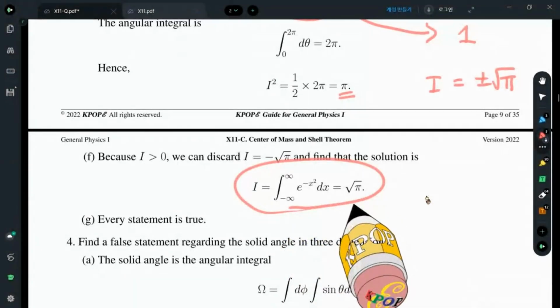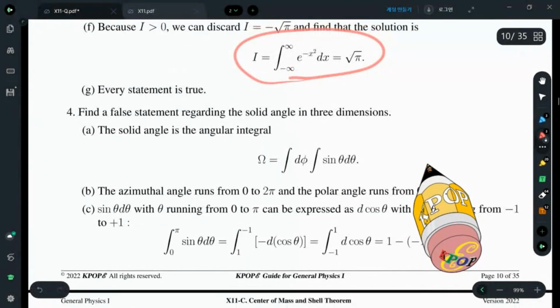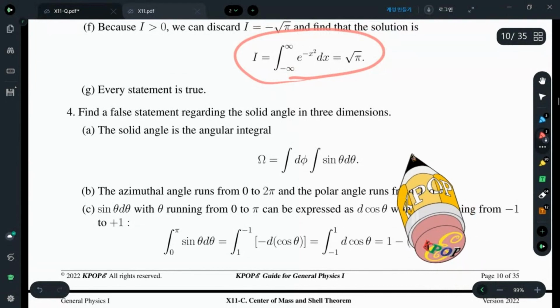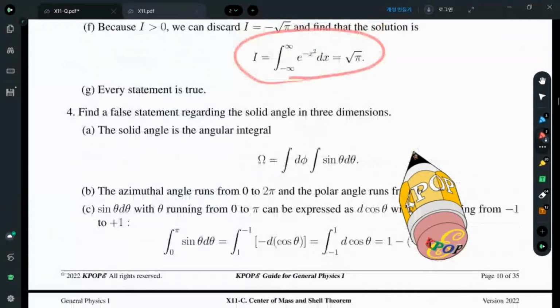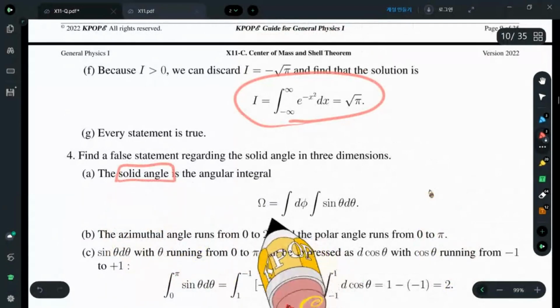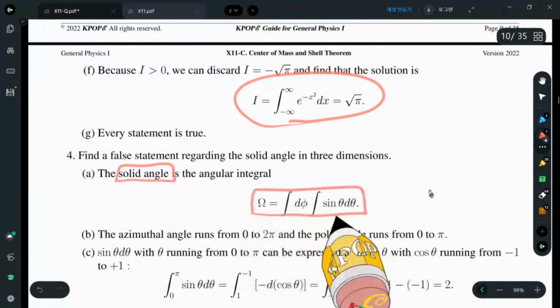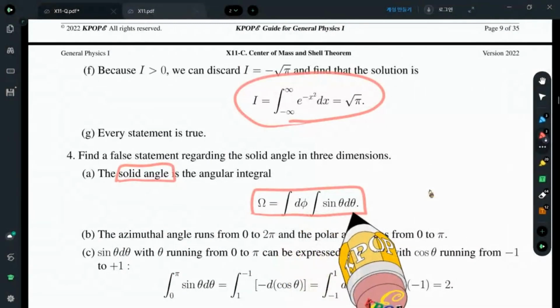Now you become very clever to extend this idea to find out what happens in n-dimensional Euclidean space. Anyway, before we do that, let us consider the solid angle. You are familiar with this. It is the angular integral that appears in 3-dimensional polar coordinates.